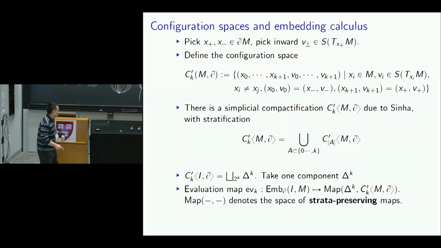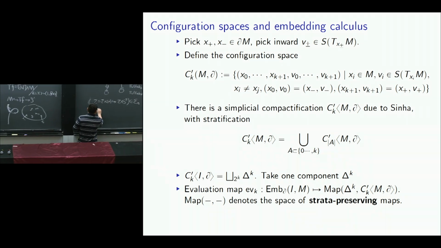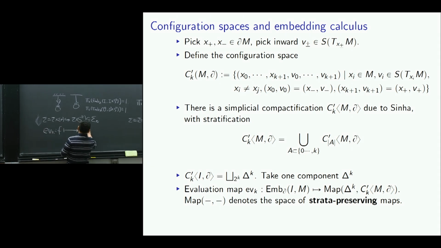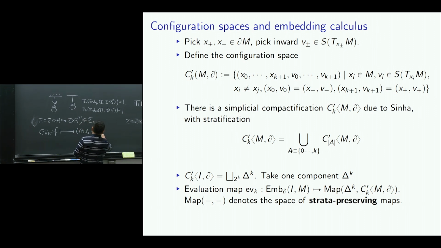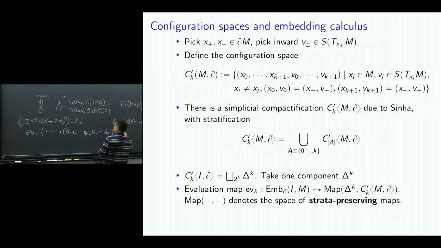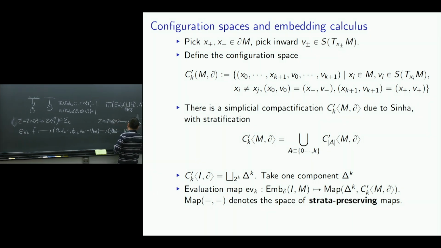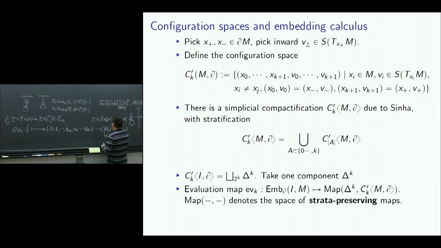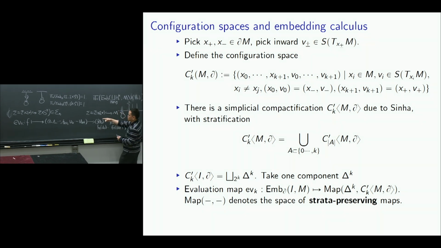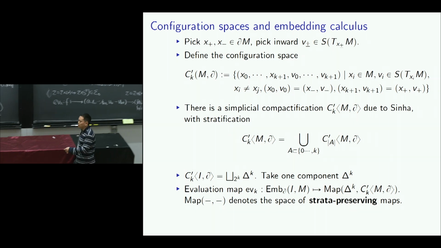Basically, ev_k takes f to the map which sends t_0, ..., t_{k+1}, v_0, ..., v_{k+1} to f(t_0), ..., f(t_{k+1}), f_*(v_0), ..., f_*(v_{k+1}). So just take this map, and it can be extended.